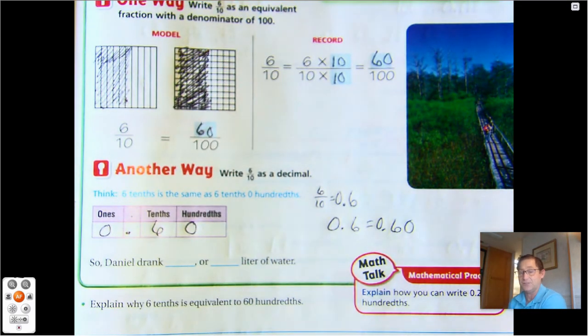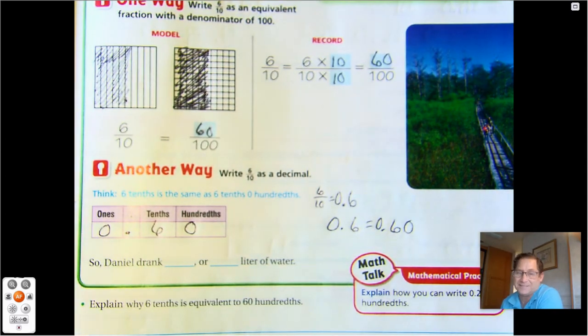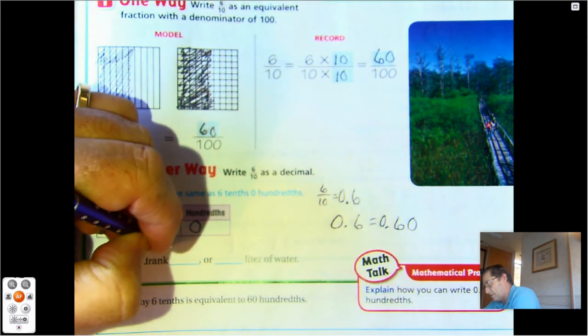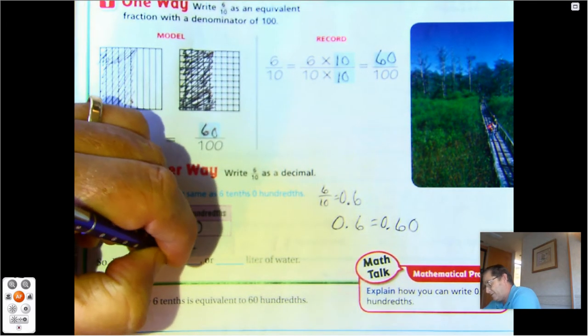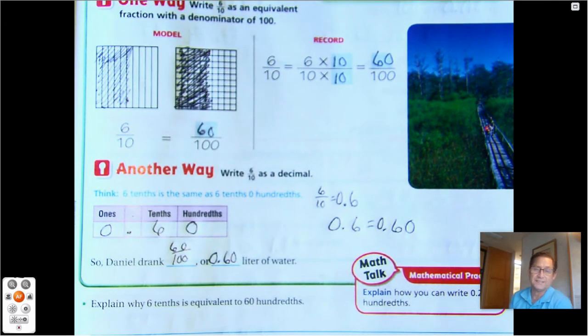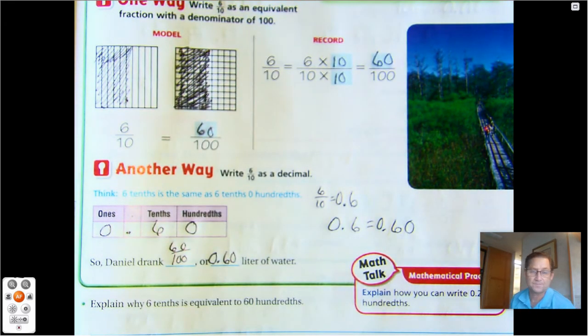When we say 60 hundredths, it's not like we're saying 61 hundredths. So the 0 is in the hundredths place. So Daniel drank 60 hundredths, or as a decimal, 0.60 liter of water.